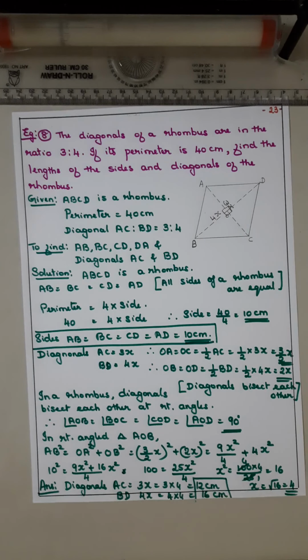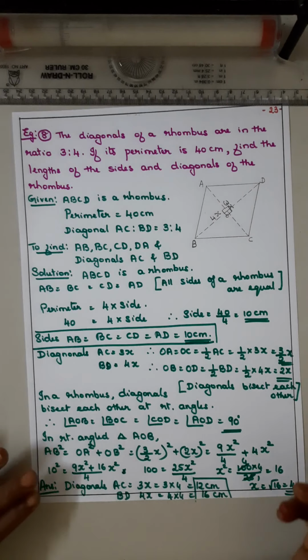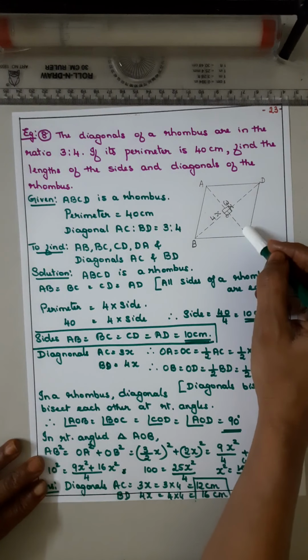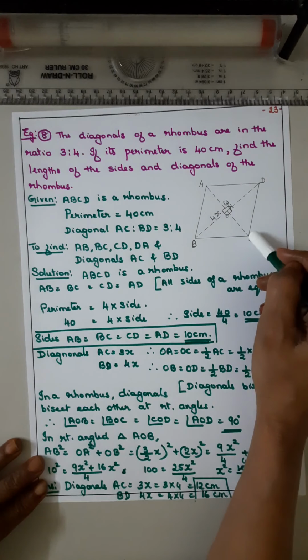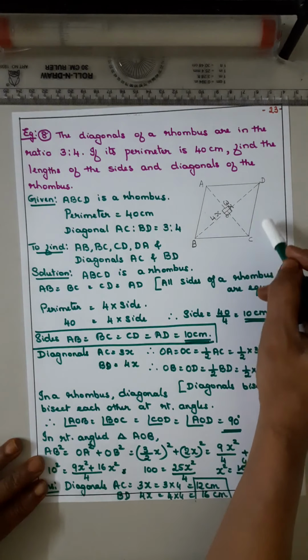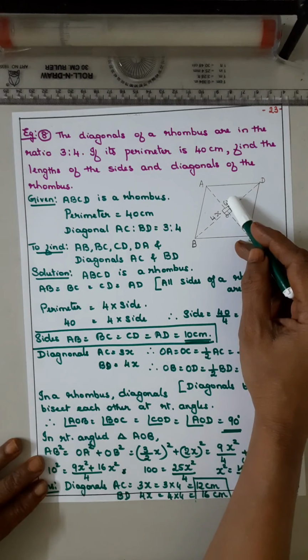Hope you understood. So first you write what is all given. Then to find out the sides and the diagonals, first you say ABCD is a rhombus, so all the sides are equal. Now the perimeter is given; the formula is 4 into side. So find out side is equal to perimeter upon 4. You got the side. Now to find out x, what we have to do? Say the diagonals bisect each other. That is why AC is equal to 3x, OA is equal to OC will be 3 by 2x.